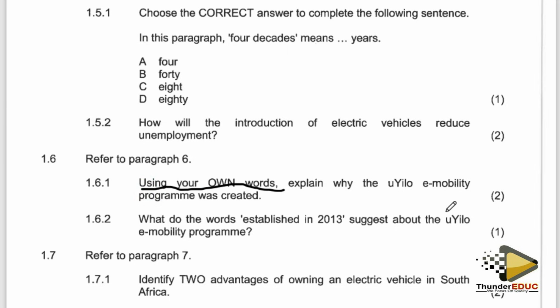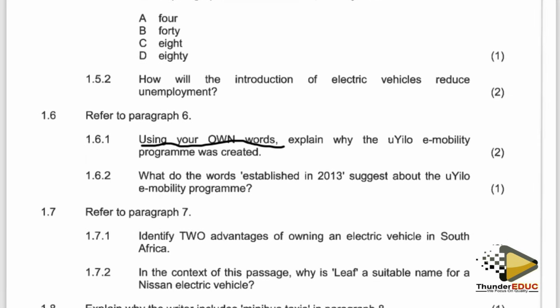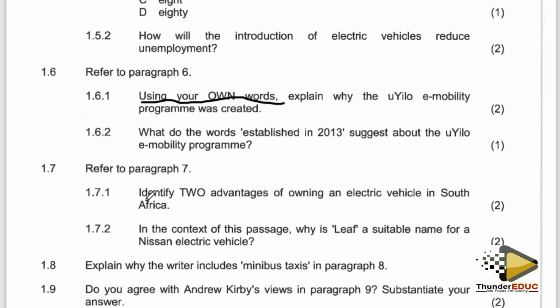Explain why the Uyelo e-mobility program was created, which means you're not supposed to take what is in the passage. You will have to find your own words. And then identify 2 advantages. That's your instruction. It's 2 advantages. And therefore, explain is your keyword.